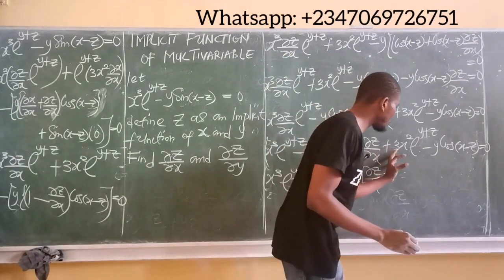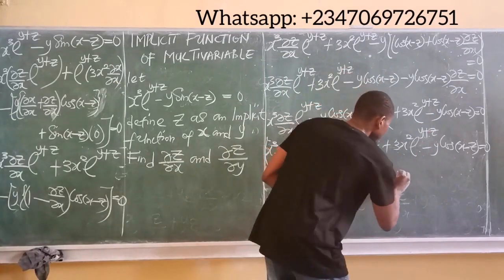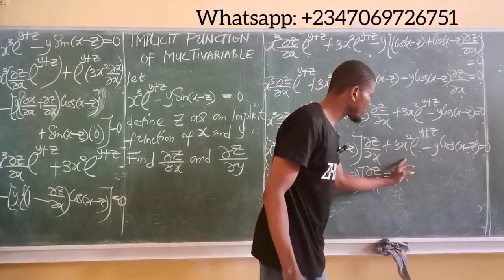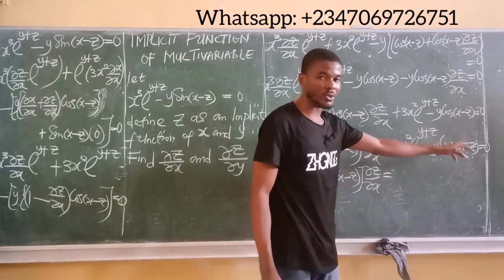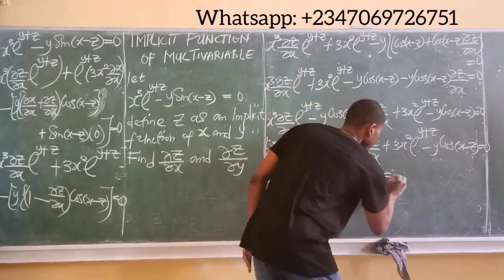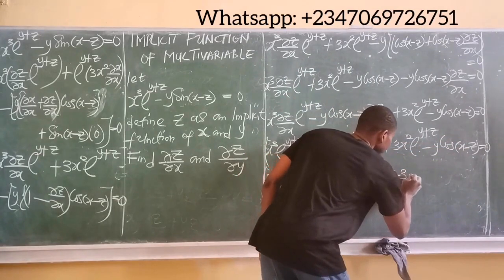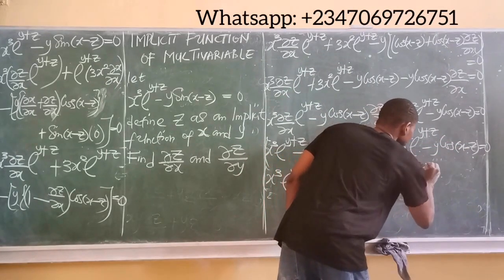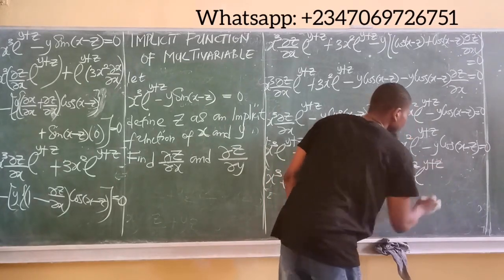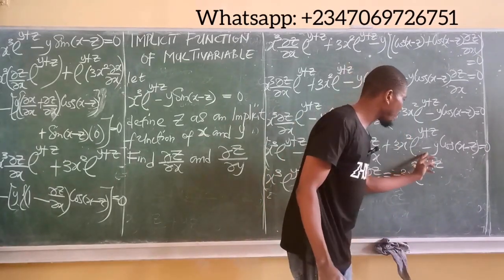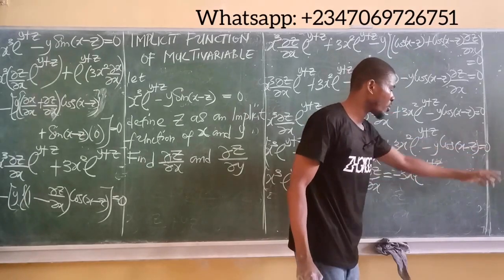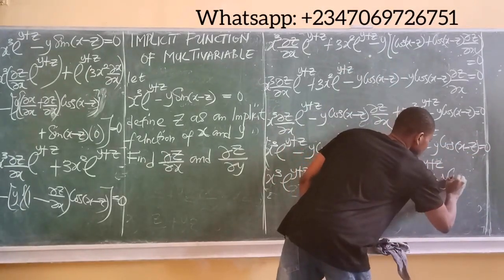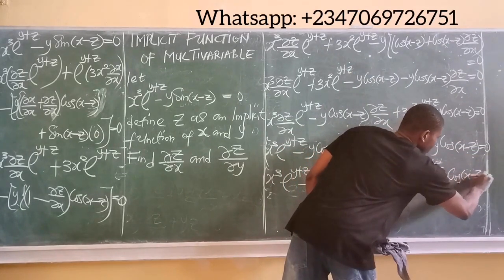So if this crosses over here, plus 3x squared exponential y plus z becomes minus. So I simply have minus 3x squared exponential y plus z. Here, minus y cos x minus z crosses over becomes positive. So I simply have plus y cos x minus z.